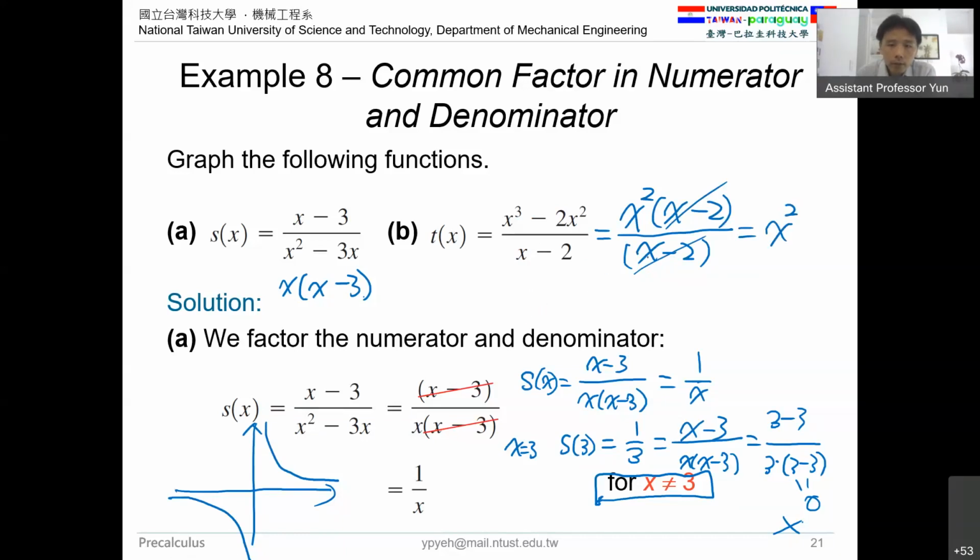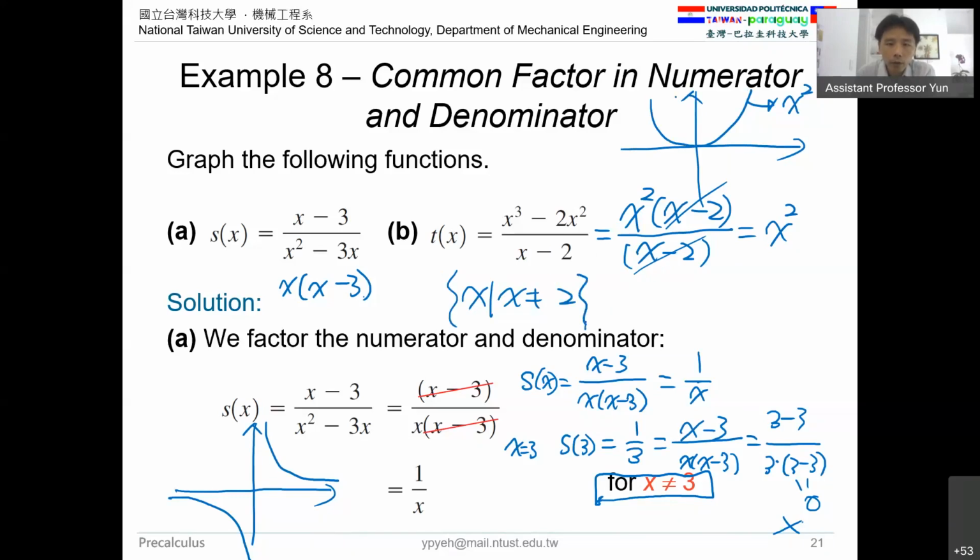So in this case, if you still remember the graph of these functions, they will look similar like this. And since the original rational function was defined as this one, in this case the domain x cannot be equal to 2, since that will make the denominator become 0, right?